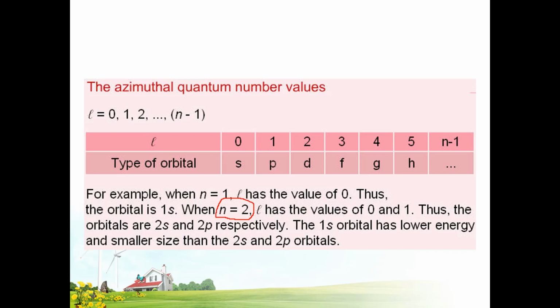So 0 means that it has s orbital, and 1 means it has p orbital. Thus, the orbitals are 2s and 2p respectively at n equals 2. The 1s orbital has lower energy level and smaller size than the 2s and 2p orbitals.